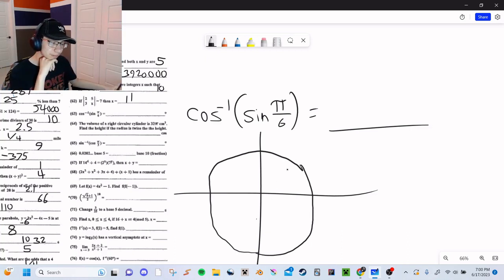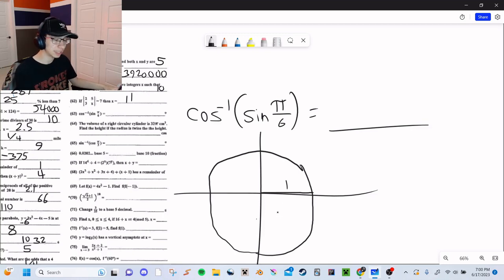Okay. So what the unit circle represents, it's like a circle with radius 1 centered at the origin. And here we got 0 degrees, 90 degrees, 180 degrees, 270 degrees, and then a full turn 360 back to our starting point.